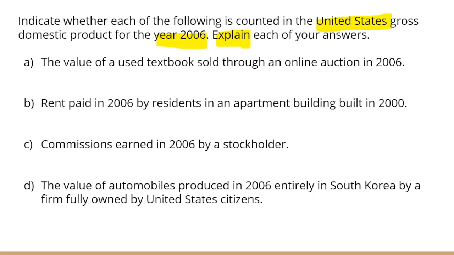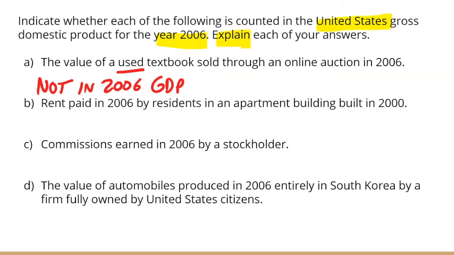Okay. So let's look at this first one. The value of a used textbook sold through an online auction in 2006. Well, this is not included in the 2006 GDP. The reason is because it's a used item. The used item was already counted towards whatever year's GDP that it was a new item.